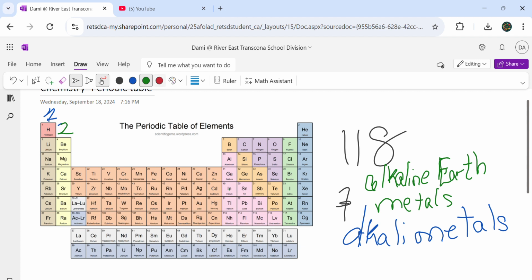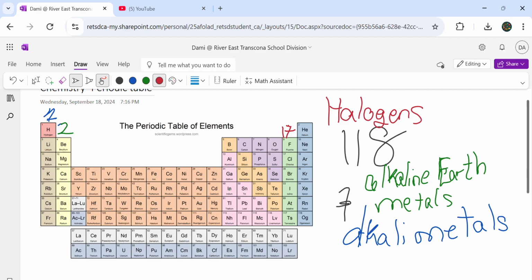Group 17, this one right here, these are what we call halogens. These are highly reactive non-metals that readily gain 1 electron. So usually the alkali metals and the halogens come together.